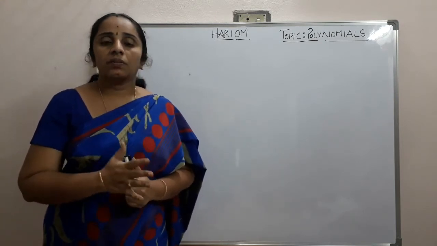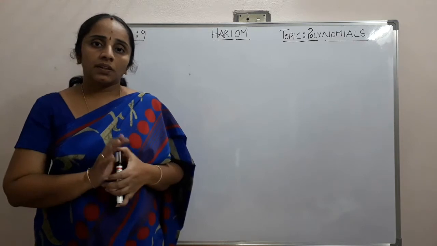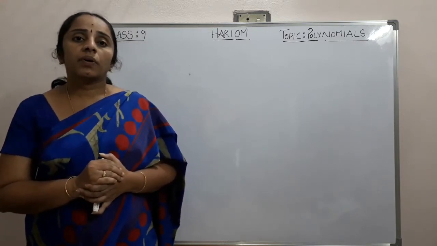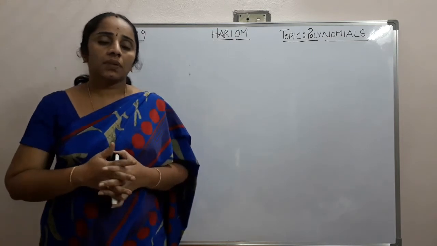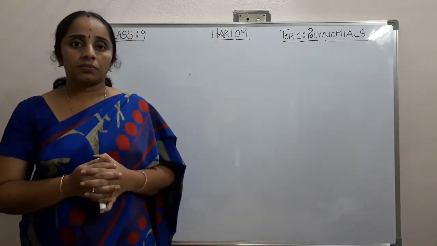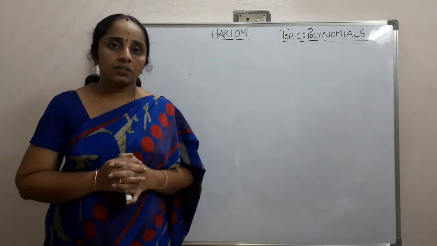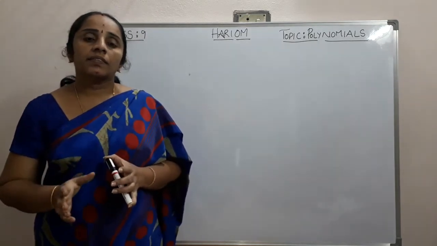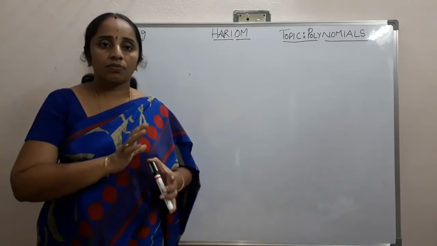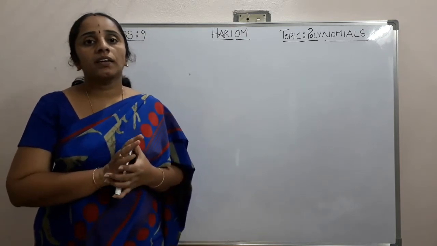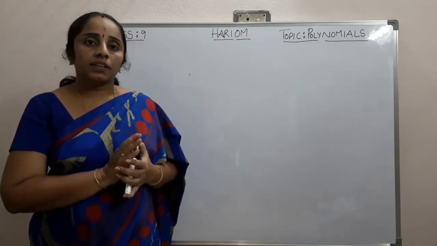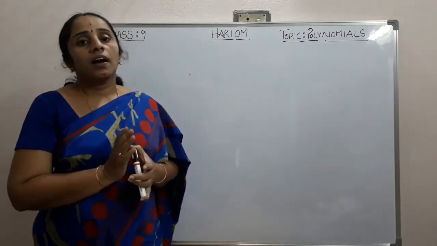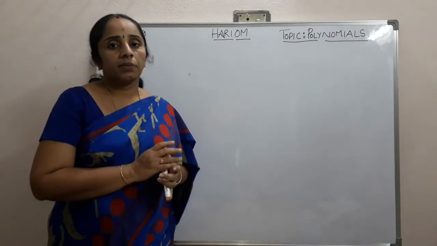Applications of remainder theorem. In our previous class we discussed factor theorem and remainder theorem. To find out whether a monomial is a factor of a given polynomial or not, we can use normal division and also the remainder theorem.